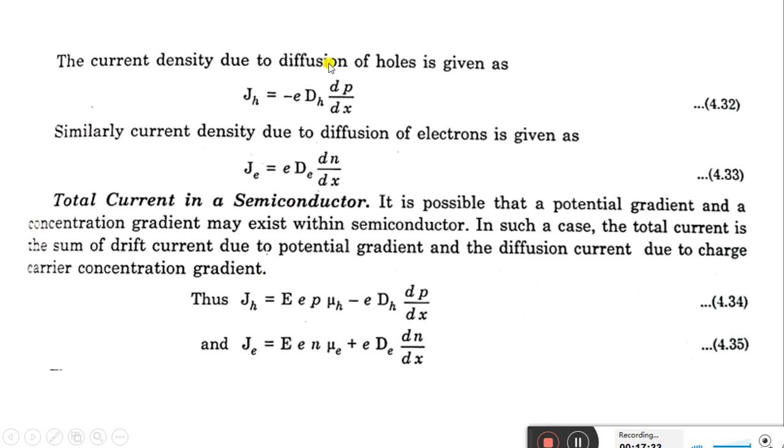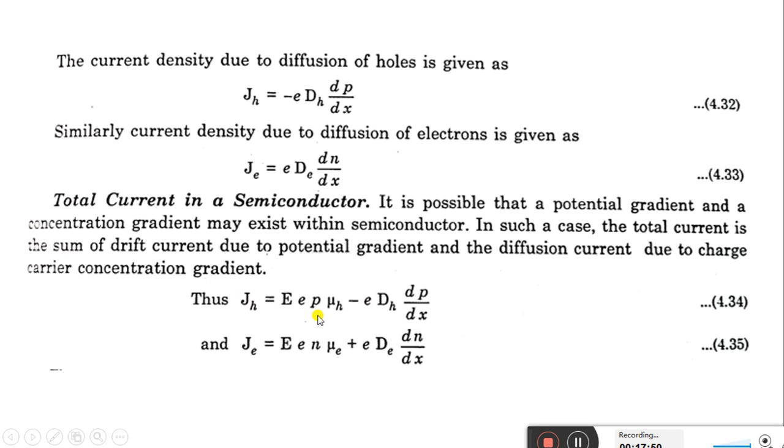JH has one part, minus E DH dp by dx. We will write simply this part here. And for the second part, in previous classes we have studied the drift current.